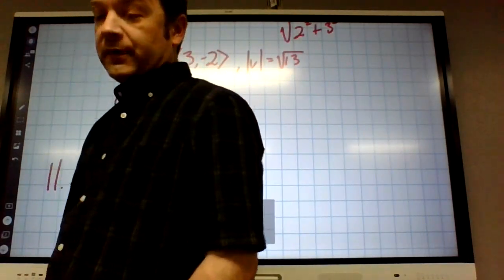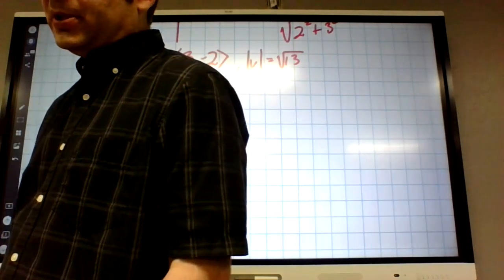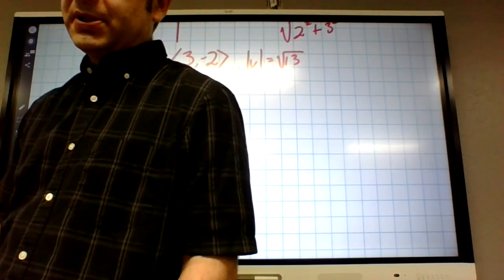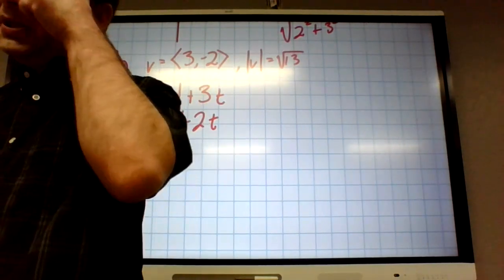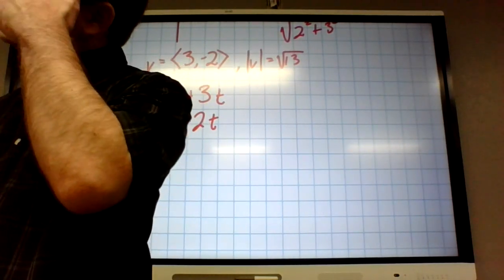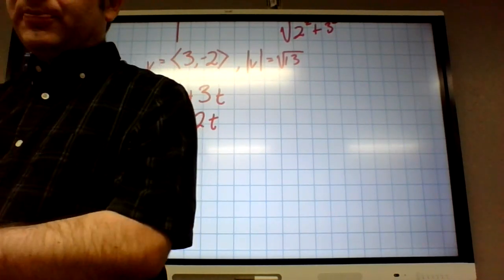Okay, 11. Velocity is 3, -1. Velocity is basically the vector that moves us. And the position at time t equals 0 is 2, 3. So if t equals 0 is at 2, 3, that means 2, 3 is our starting point. We're supposed to write a parametric equation.